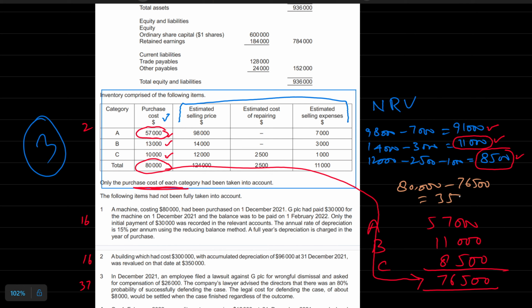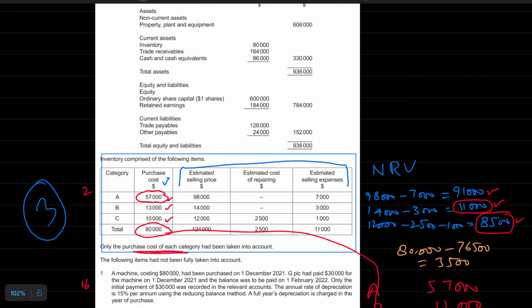This is 3,500. So profit will be decreased by 3,500. So we can subtract this value from here, and inventory will also be decreased by 3,500.